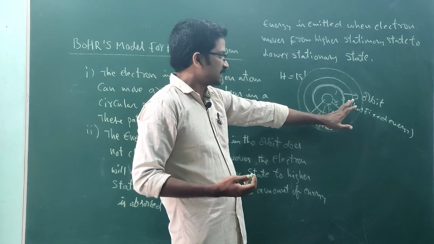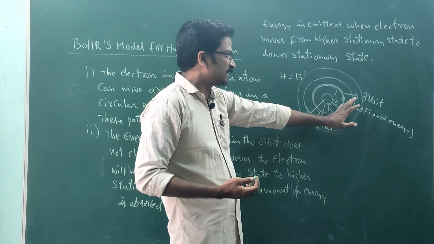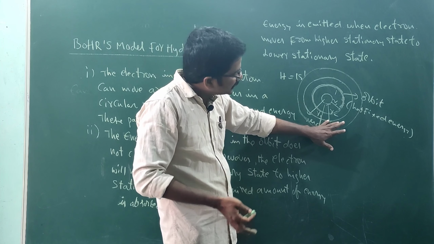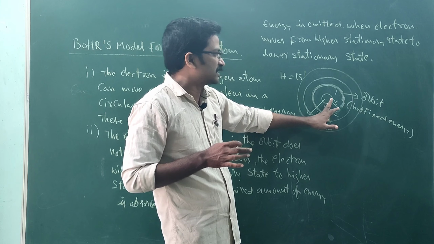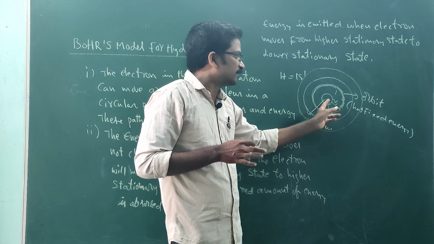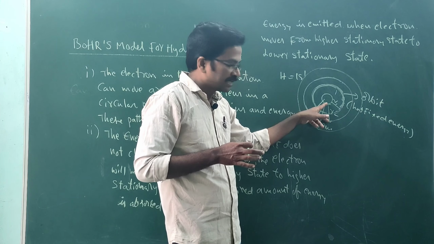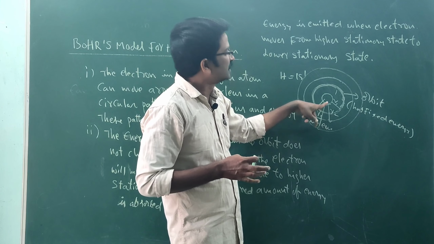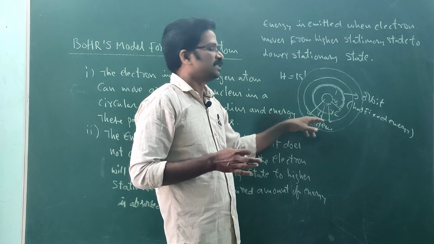This orbit has some radius, and this one has a greater radius than the other two.